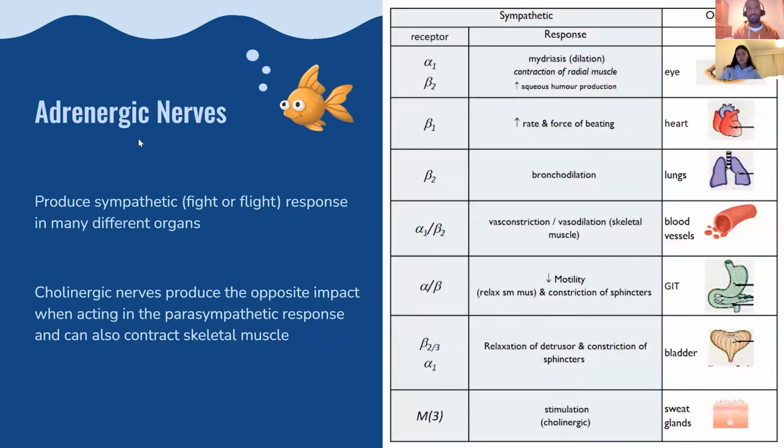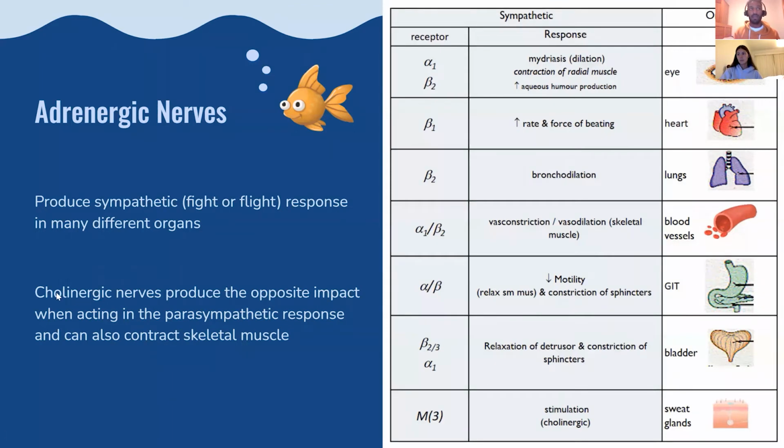So adrenergic nerves innervate lots of different structures. You see here the eye, heart, lungs, blood vessels, gastrointestinal tract, bladder, and sweat glands. These are just pretty much any internal structure which is going to be impacted by the sympathetic nervous system. And cholinergic nerves from the parasympathetic system will produce the opposite impact in pretty much all of these structures, right?